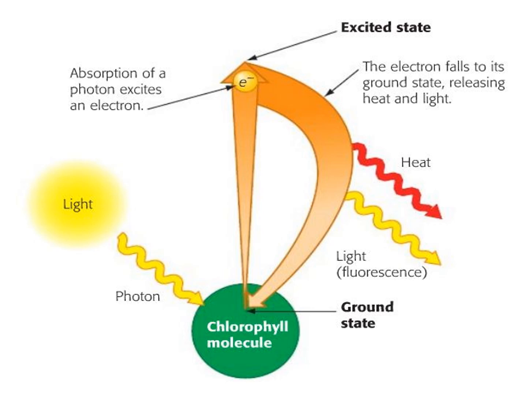From the measurement, they may know that the more the heat, the more the light fluorescence produced. It shows that the process of energy excitement in photosynthesis takes place efficiently and effectively.